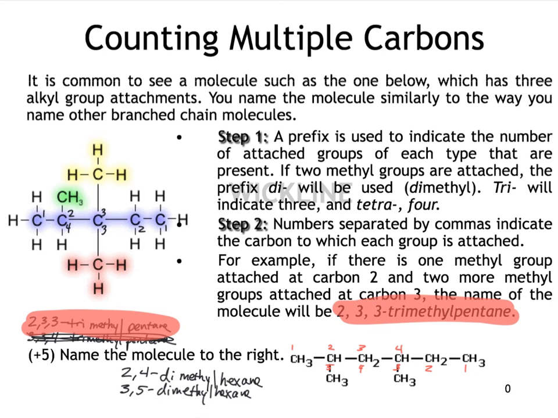So which one seems right to you guys? 2,4 or 3,5? So if you chose 2,4, then you're right, because 2,4 has the smallest sum. 2 plus 4 is 6, whereas 3 plus 5 would be 8. So 2,4-dimethylhexane would be the answer.